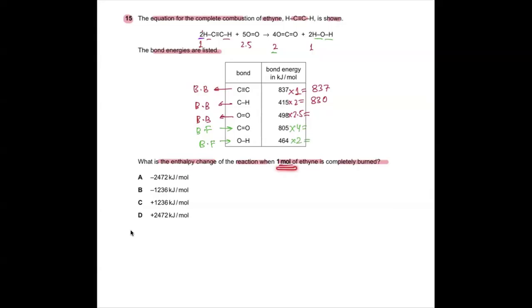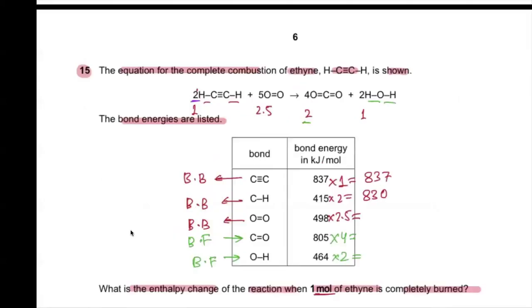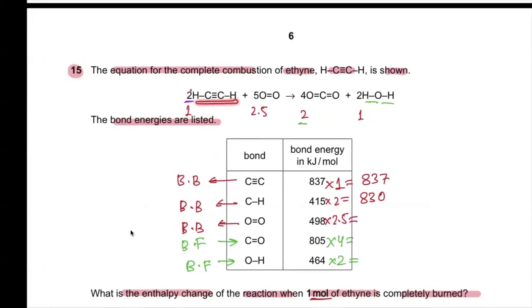Simply, they are asking for 1 mole. If I'm going to keep it 1 mole, I need 2.5 moles of oxygen. I need 2 moles of carbon dioxide formed and 1 mole of water formed, isn't it? But it's saying 1 mole of ethyne. Yeah, they're just talking about ethyne.